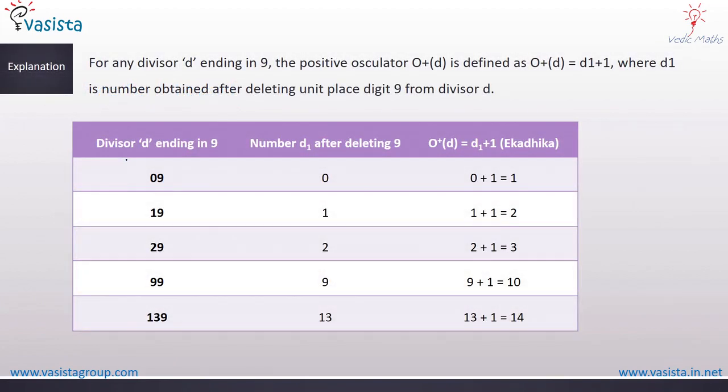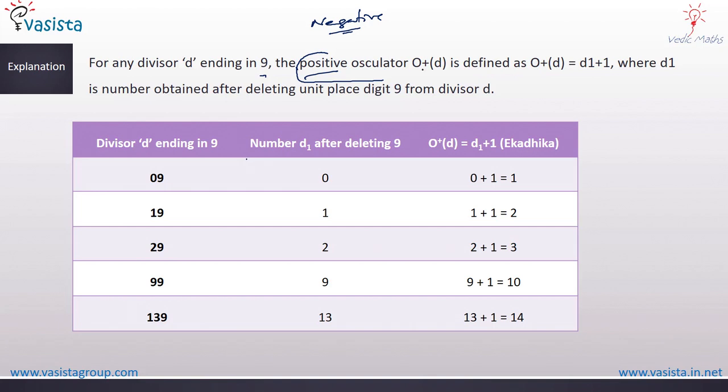For any divisor D ending in 9, there are two types of oscillator. One is positive and the second one is negative. We are going to use the positive oscillator for this particular problem, the divisibility test for numbers ending in 9.